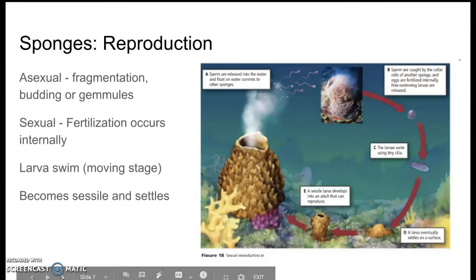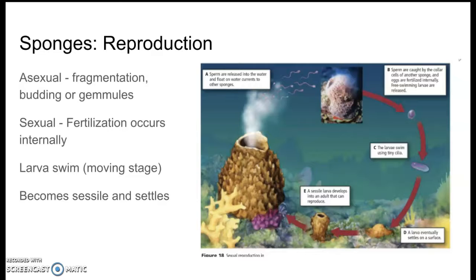The last thing is the reproduction of the sponges. The way that they reproduce is they have asexual reproduction where they can fragment, they can go through budding, or they can go through something called gemmules. Gemmules are like seed-like particles that form.